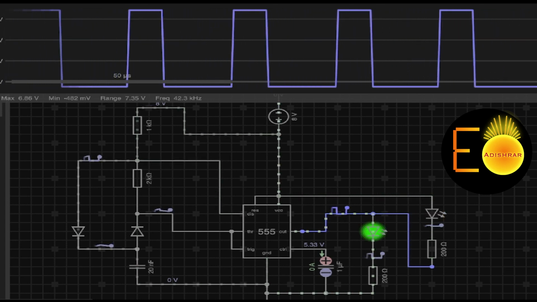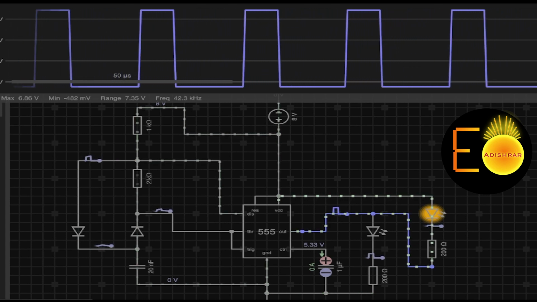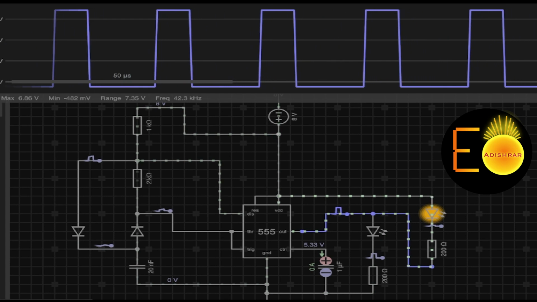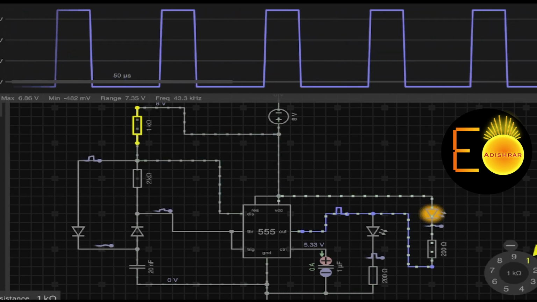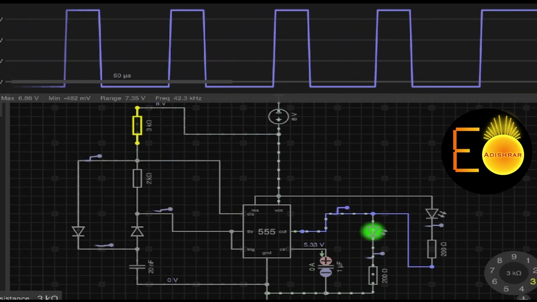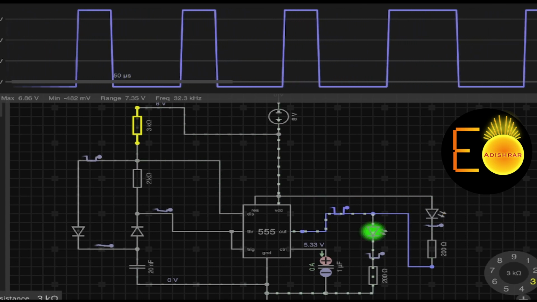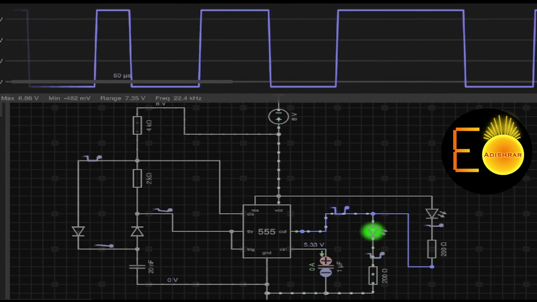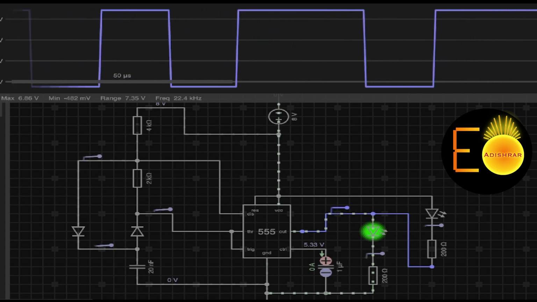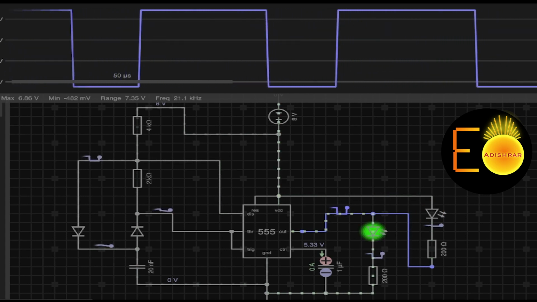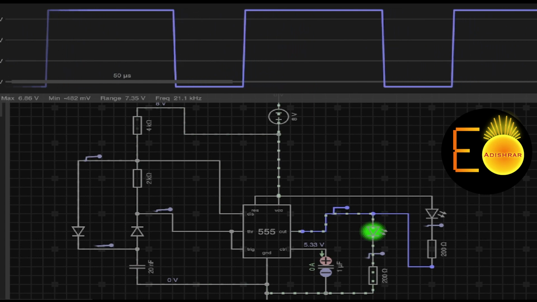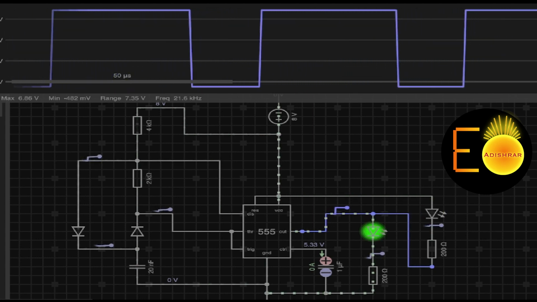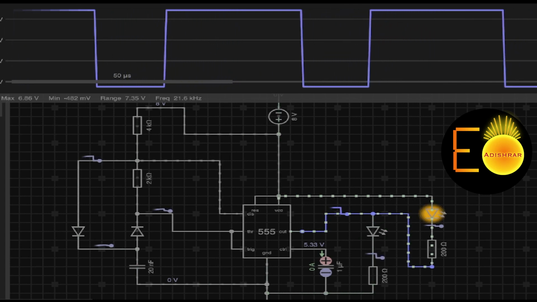In a similar manner, if I want to make the off time shorter than the on time, I just need to increase this value. If I increase this value, the on time will be longer and the off time comparatively shorter. So right now I have gained better control over the on time and off time, which was not possible in the absence of these two diodes.